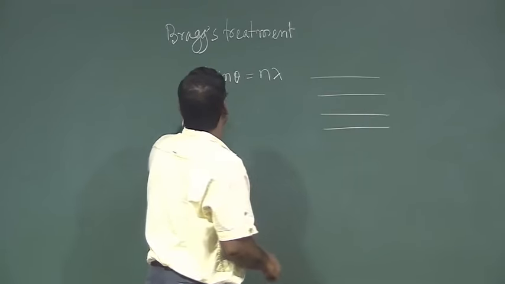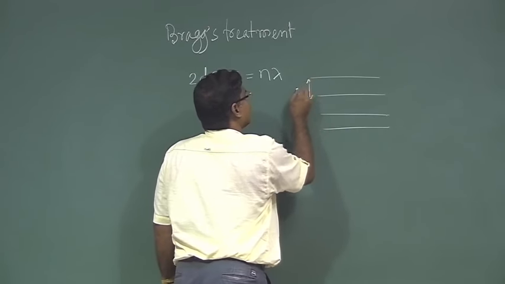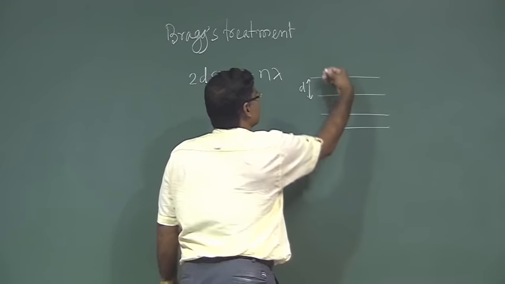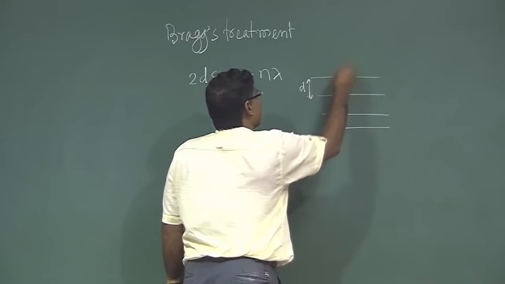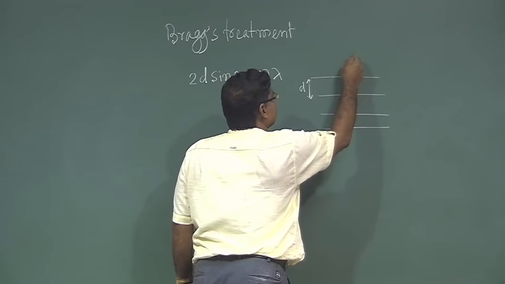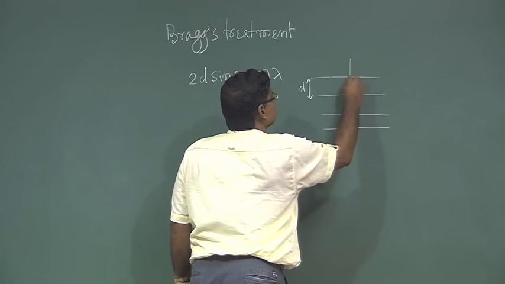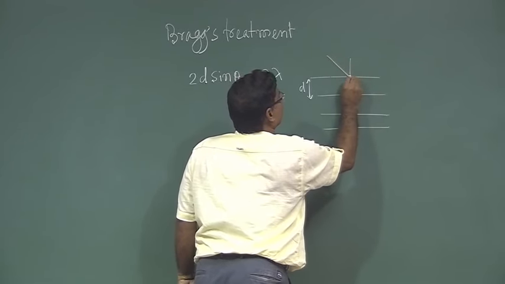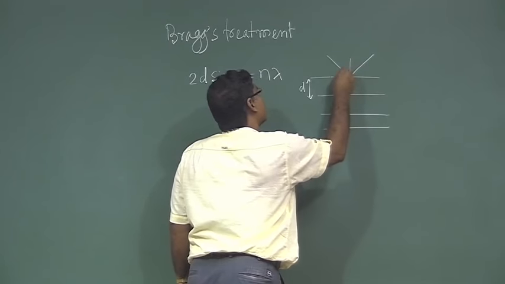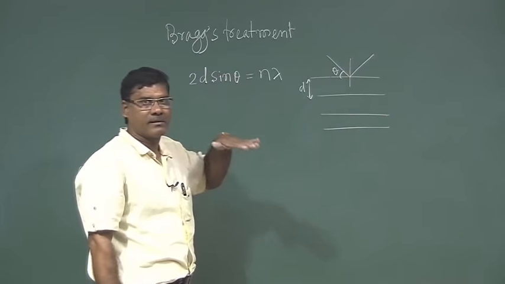What is d? d is the lattice spacing, the spacing between these parallel planes, and theta is the glancing incidence angle with the plane.